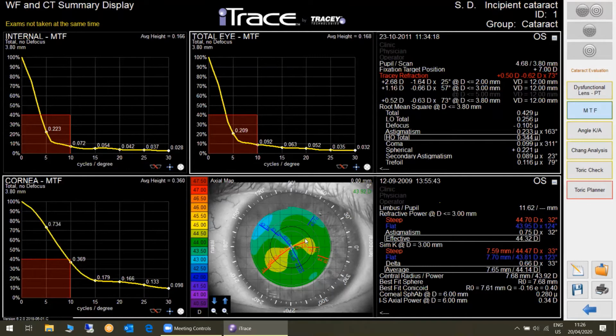But this guy also has an astigmatism. And we see here, it is an oblique astigmatism of 0.75. Well, when I talk to doctors, they say, when do you start considering torics?